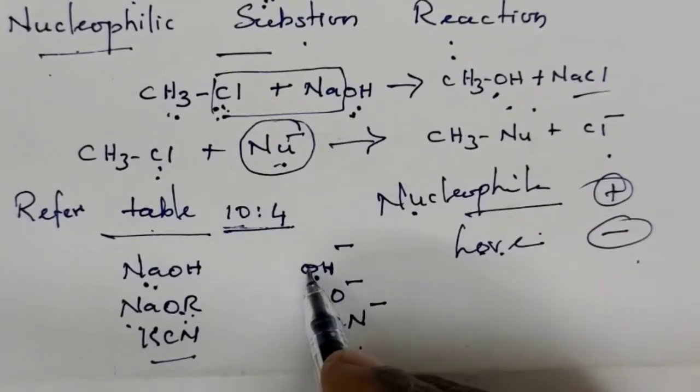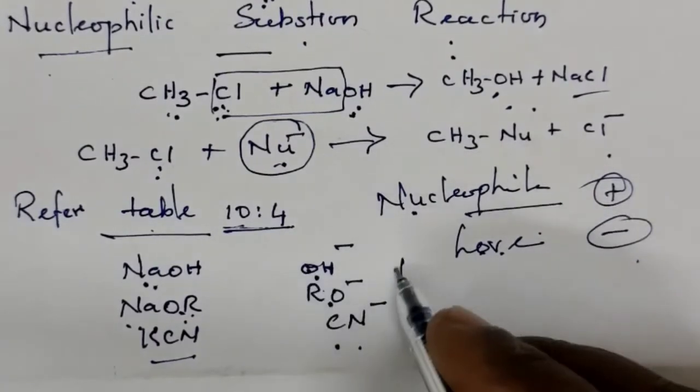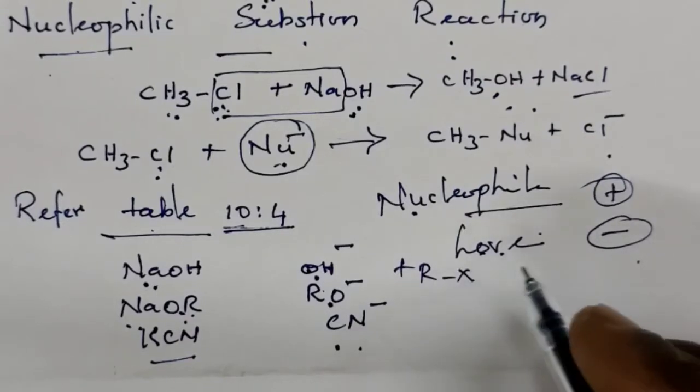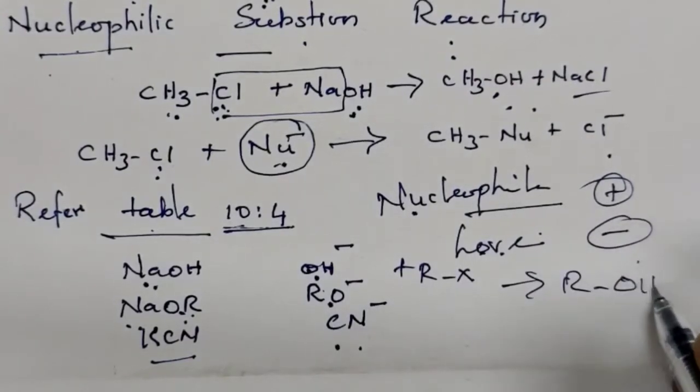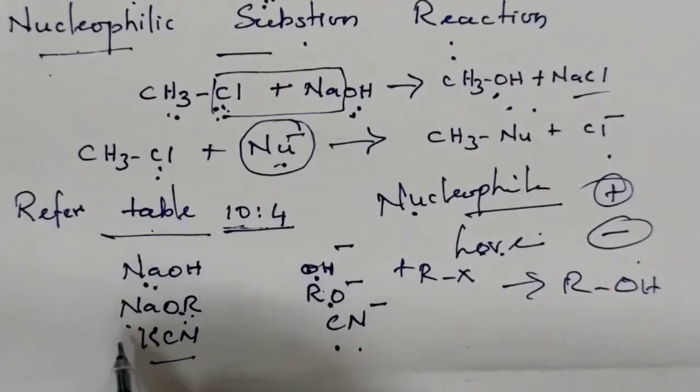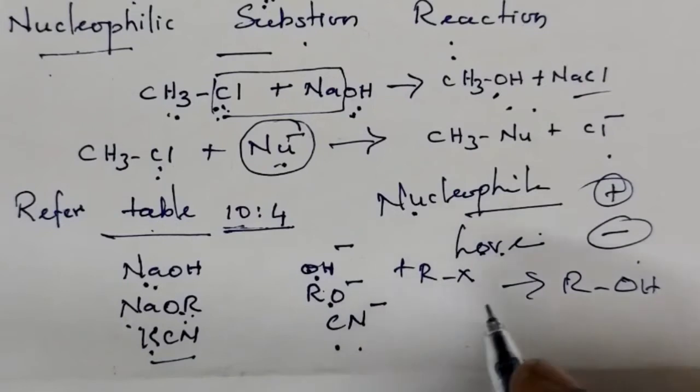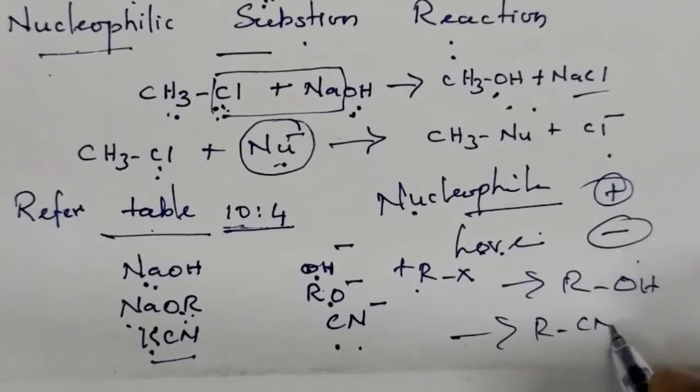Suppose OH minus acts as a nucleophile and reacts with the alkyl halide, the resultant product is ROH. Suppose you take KCN as the reagent and it undergoes substitution reaction with the alkyl halide, the resultant product is RCN, alkyl cyanide.